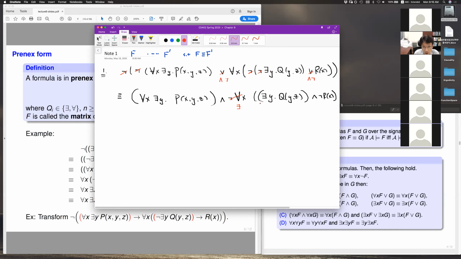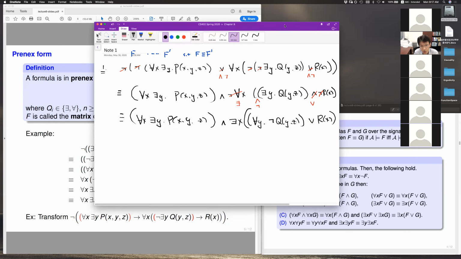If we put negation inside, this one becomes disjunction, and this will disappear. So the simplification gives just for all x exists y, p of x, y, z, and exists x, for all y, negation q of y, z, or r of x.